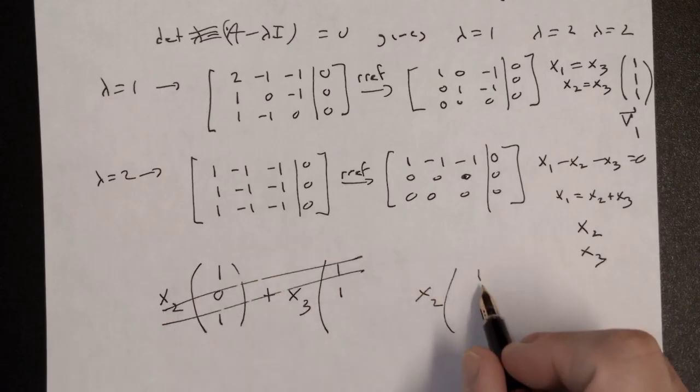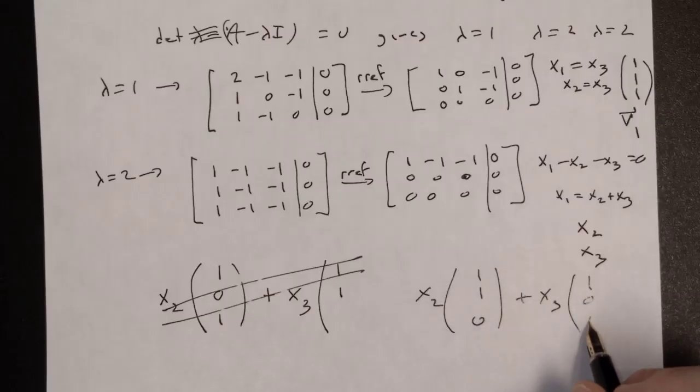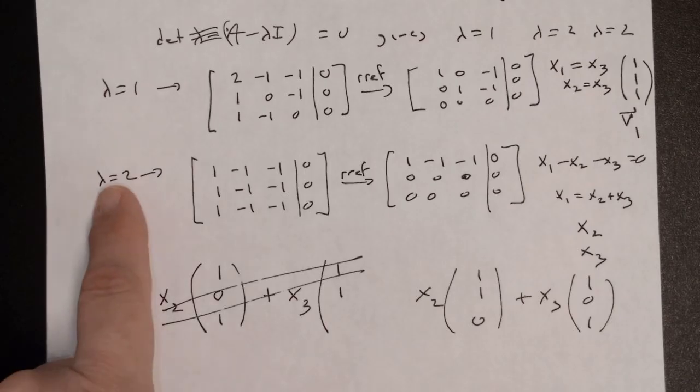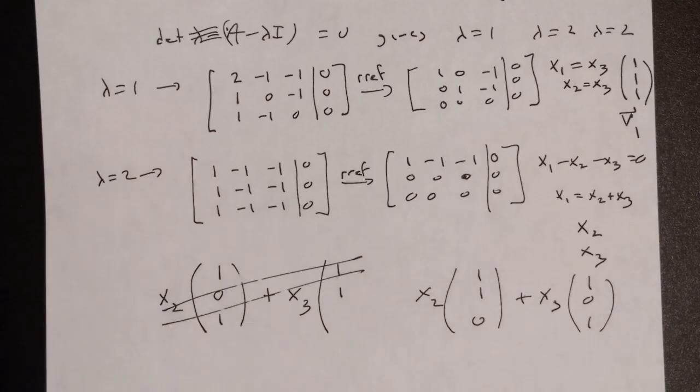An x2 part with this vector and an x3 part with this vector. 2 vectors, 1 value, 1 vector, 1 value. So when I start putting this together, because I have 3 vectors, this is sufficient.